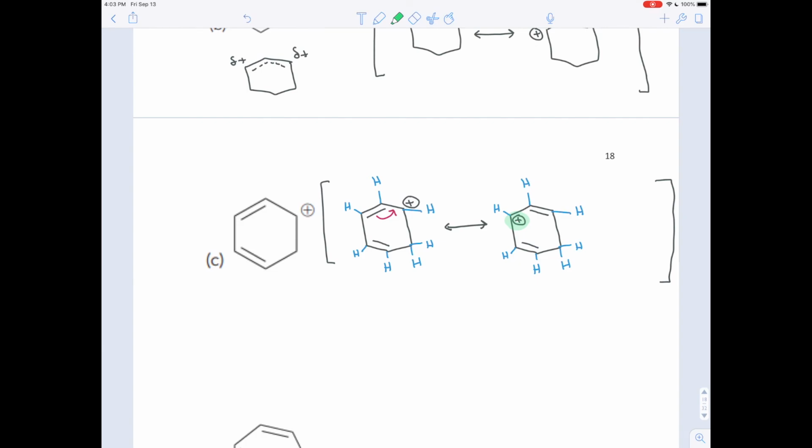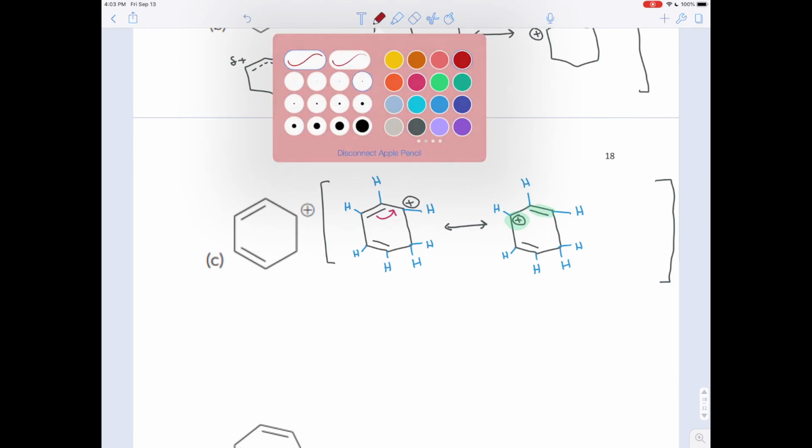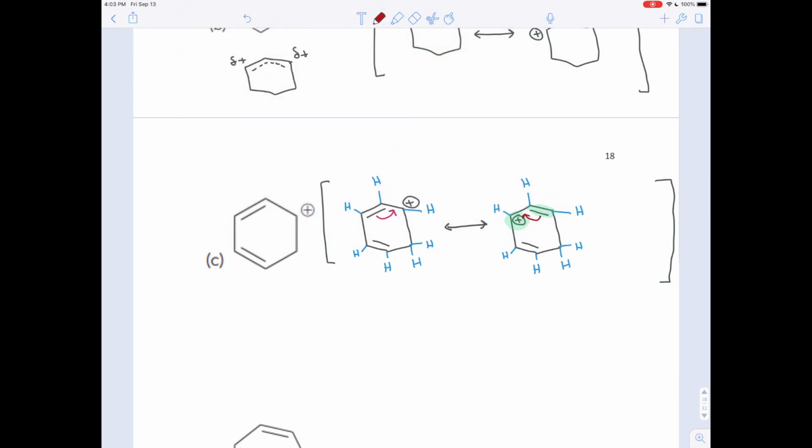Now technically it's allylic to two pi bonds. It's allylic to the pi bond at the top. If you go one atom in that direction, then you arrive at an atom in a double bond. So it's allylic to that. But if those pi electrons just went back towards here, that would bring you back to this structure. So that would just take us back to where we've already been.